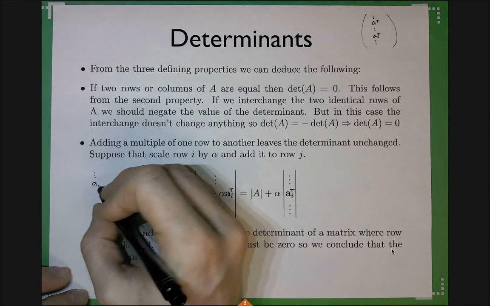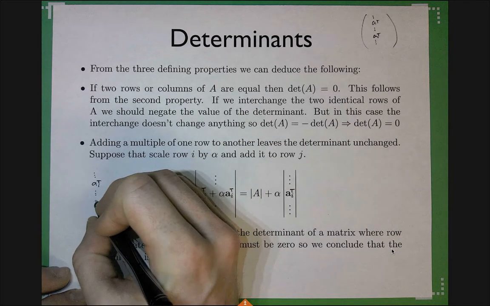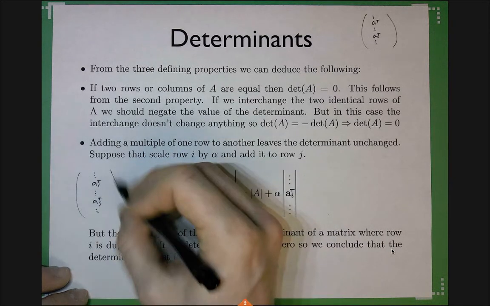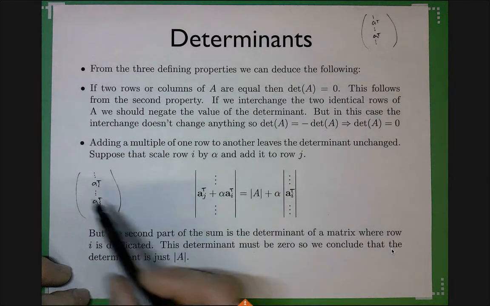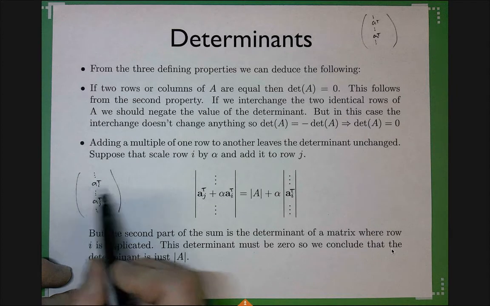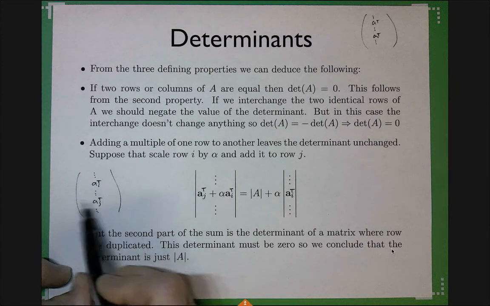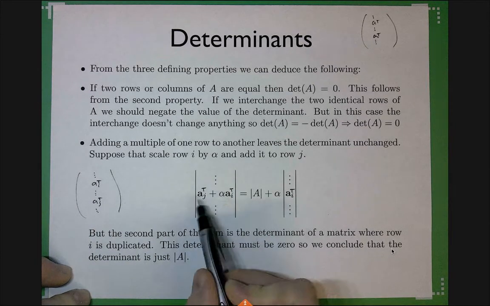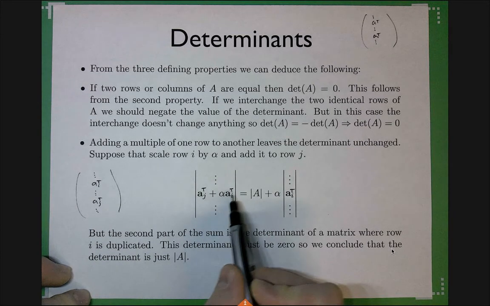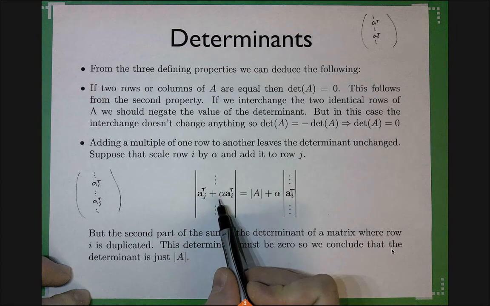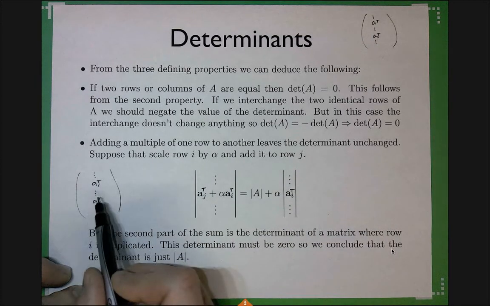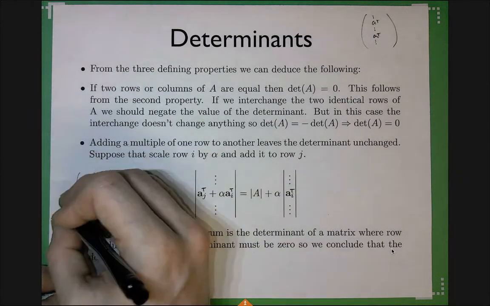There was some row A_i transpose, and there was some row A_j transpose, and so on. So this is a matrix I started with. And then I decided to multiply the row A_i by alpha and add it to row number j. And this is the matrix I get. And I'm curious, what is the determinant of this matrix? It turns out that it's exactly the same as the determinant of the matrix I began with. So this was my matrix A.